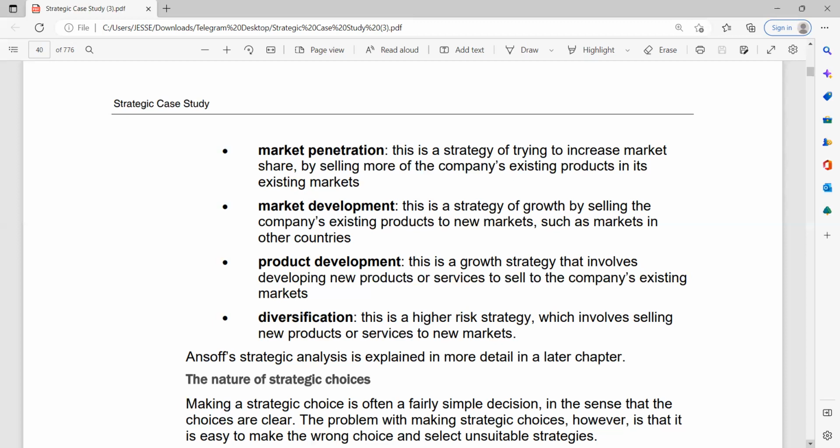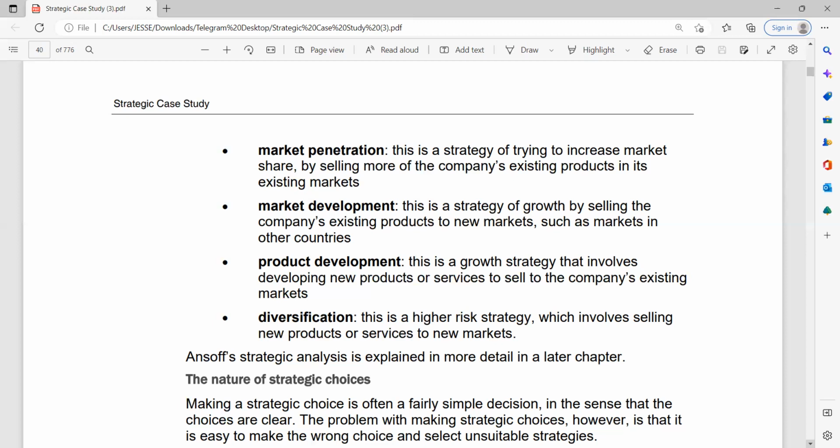So this is the same product, Pepsodent, but now selling in a new market, which is South Africa. So under market development, you have existing products being sold to new markets. Anytime you hear the word development in this context, it means new. So market development is essentially new markets.